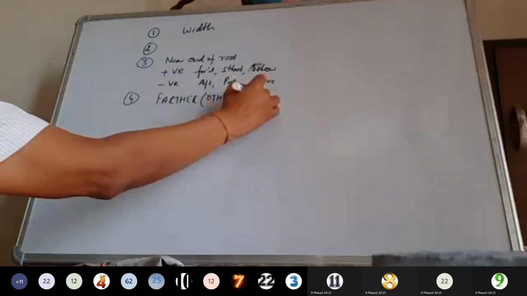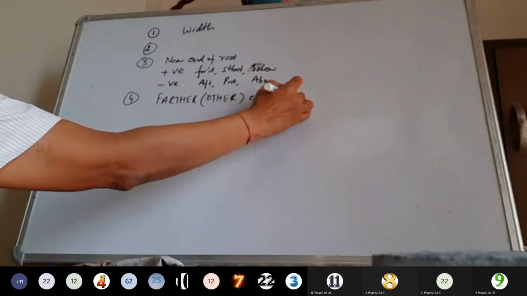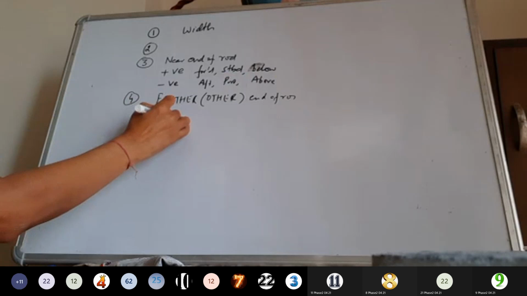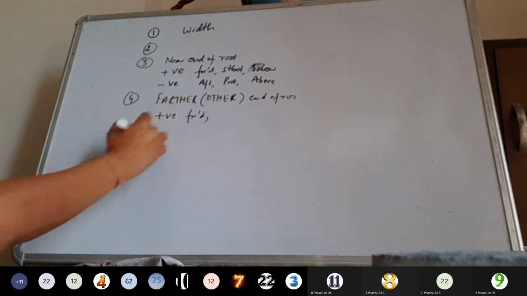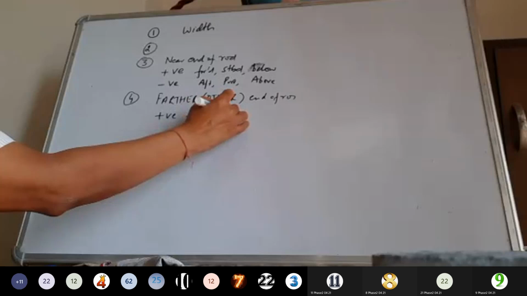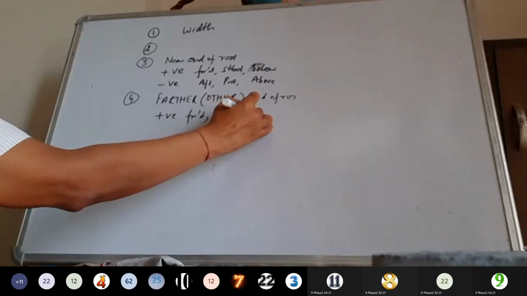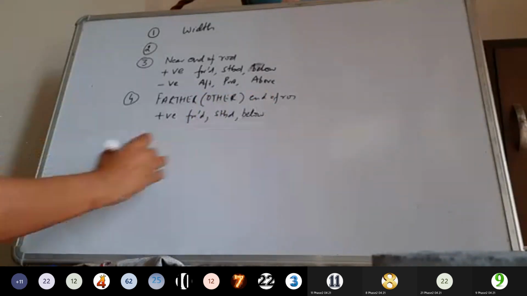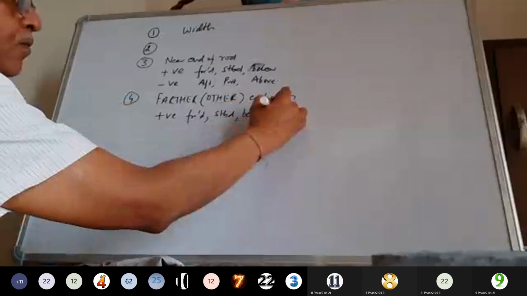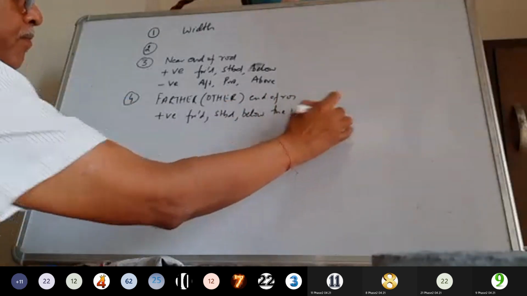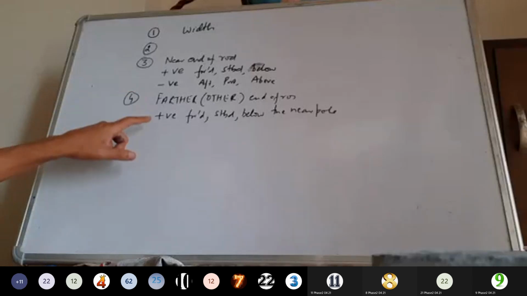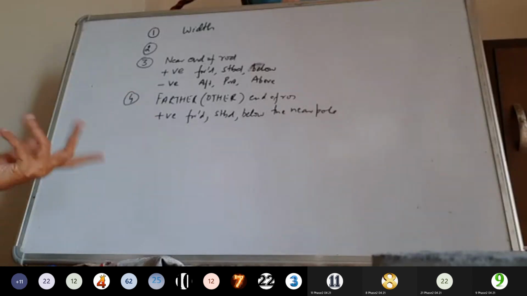The other end of the rod is taken as positive if it is located forward, or starboard side, or below. Below with respect to what? Below the near pole. So one is the near end, one is the other end.